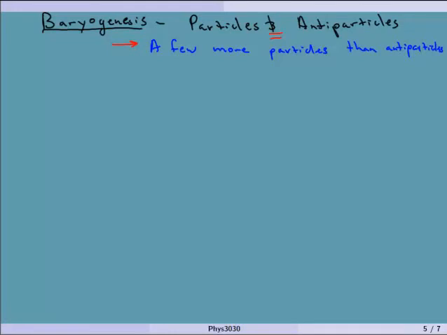Anyways, it turns out that about 1 in 30 million particles survived. So there were a lot more particles at one point in the world, and antiparticles, but they all collided with each other and formed a ton of photons again, and we're only left with 1 in 30 million of them left. Okay, and this is called baryogenesis.